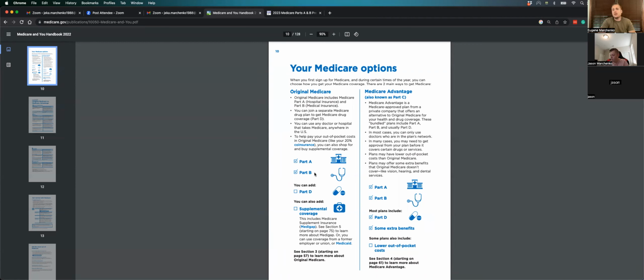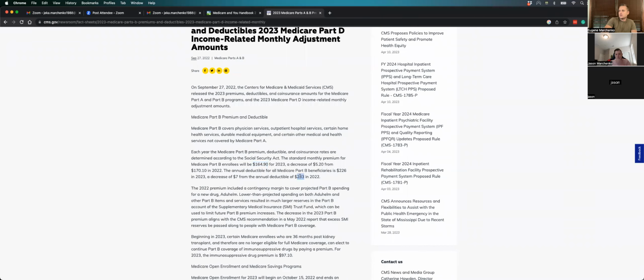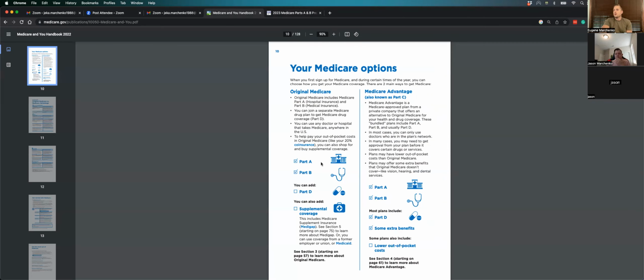But let's say you're outpatient and you have cancer. What's going to happen is you're going to meet your deductible first, which is $233. And then once you've met that deductible, original Medicare will pay about 80%.